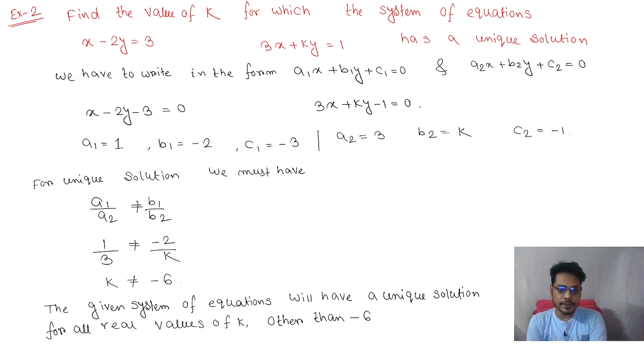So a1 is 1, b1 is minus 2, and c1 is minus 3. Now a2 is 3, b2 is k, c2 is minus 1. So for a unique solution, we must have a1 by a2 not equal to b1 by b2. That means 1 by 3 not equal to minus 2 by k. k is not equal to minus 6. That means other than minus 6, all real values should be possible.